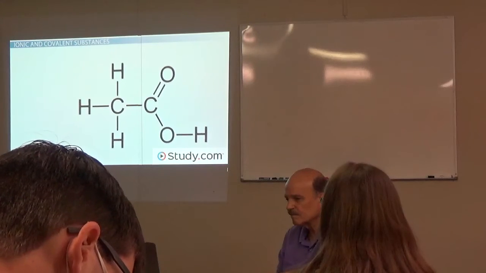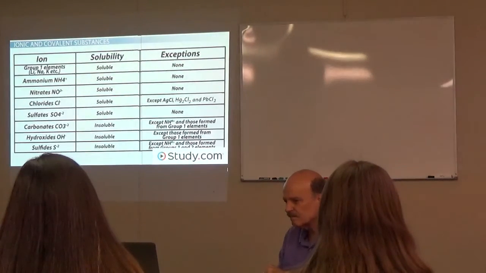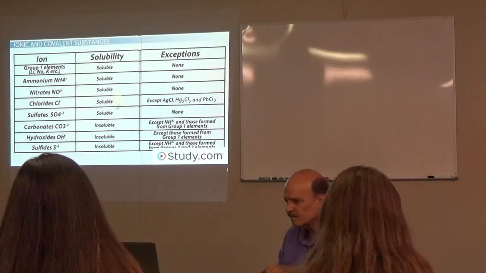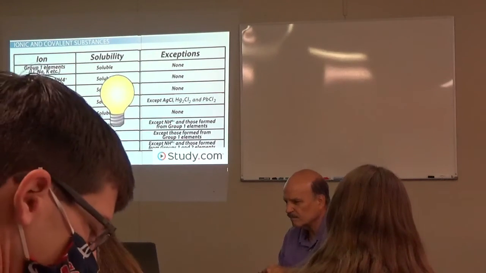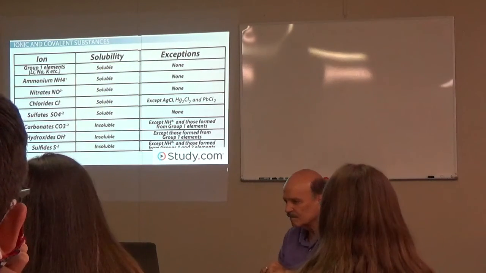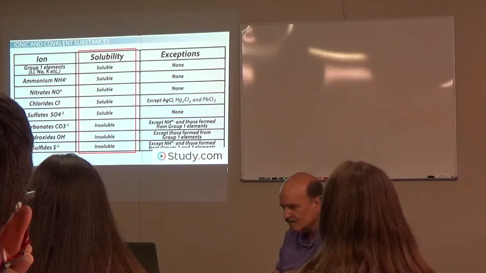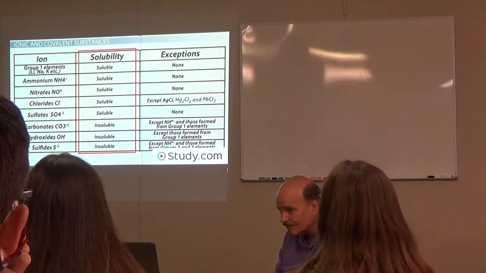It's hard to predict whether or not an ionic compound will be a strong or weak electrolyte without a little help. This solubility rules table is designed to help determine if an ionic compound will dissolve in water or not. The first column shows an ion or group of ions. The second column indicates the general solubility of those ions.